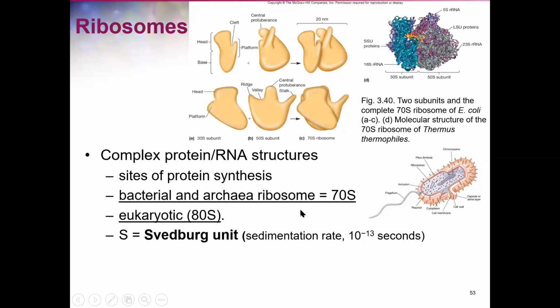The S here stands for the Svedberg unit, which is a measure of time called the sedimentation rate. You can see this is in seconds, 10 to the minus 13 seconds.